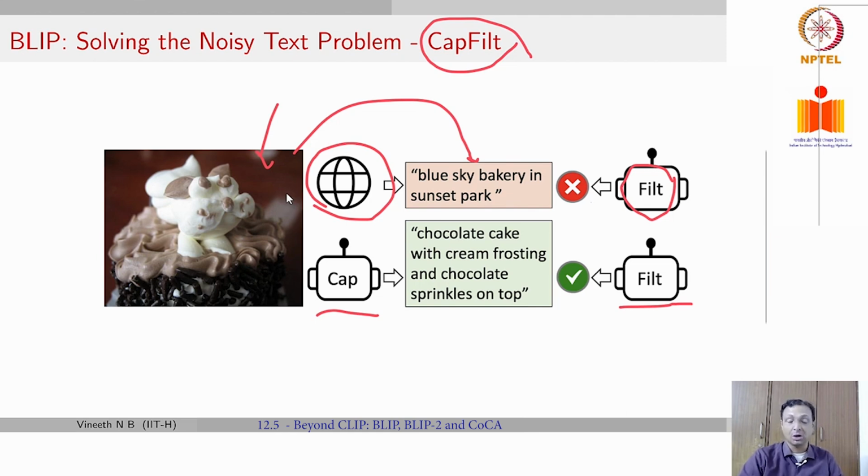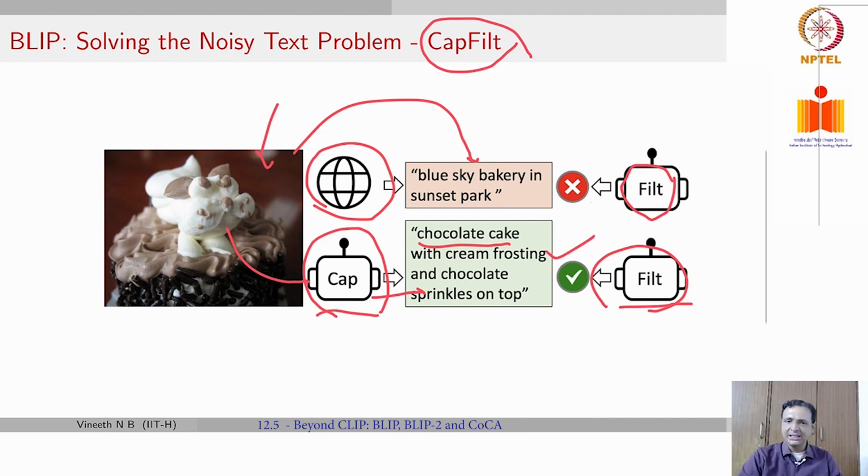We'll talk about this soon. They also learn an exclusive captioning module, which, given this image, generates a synthetic caption. These are the captions that we saw in one of the earlier slides, which now states chocolate cake with cream frosting and chocolate sprinkles on top. Now the same filter passes this caption as a valid one for this particular image.